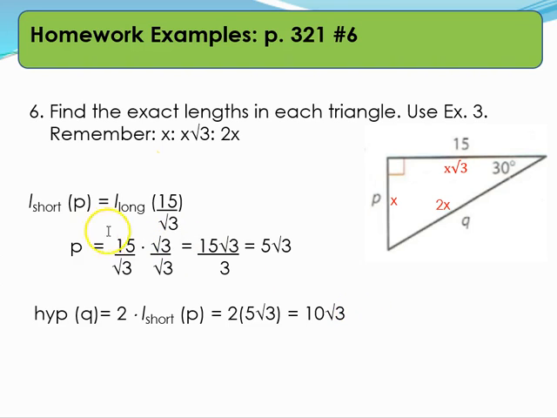Now you don't have to do all this stuff with the short leg and the long leg. You can just use P and Q, but it will help you to see this in the examples so that you know what portions of the formula you're using.